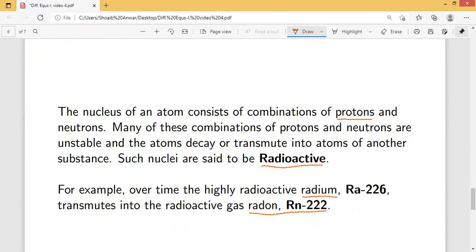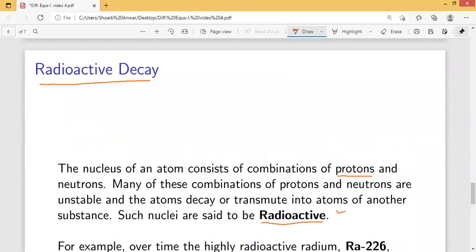So when you are dealing with these kinds of radioactive substances, you can also use the decay model in the same pattern as the growth model in population dynamics.